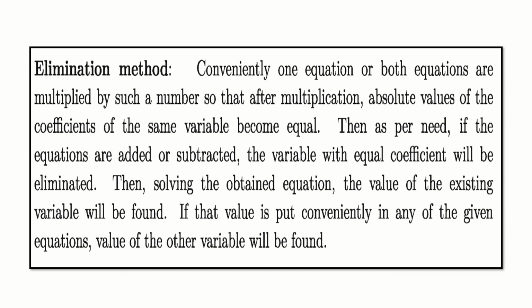Then solving the obtained equation, the value of the existing variable will be found. If that value is put conveniently in any of the given equations, the value of the other variable will be found.